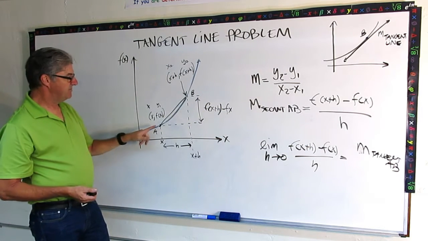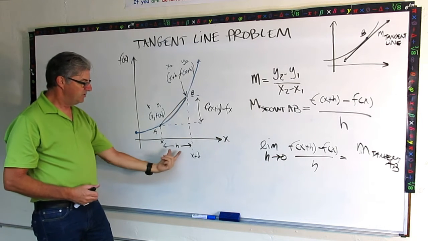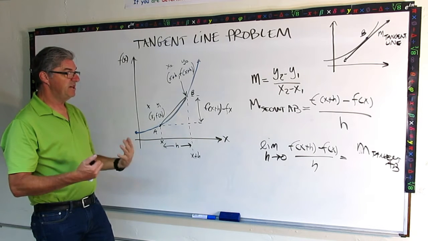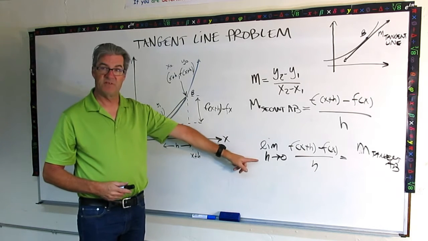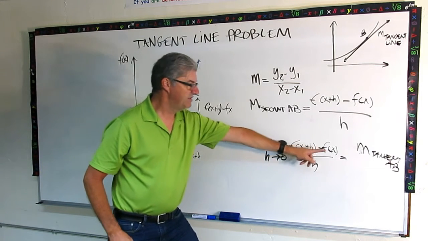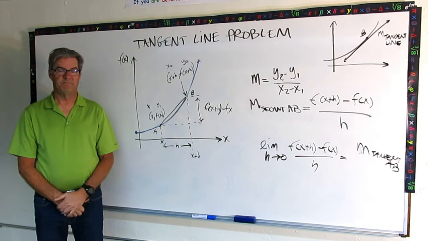Then what we did to approximate the slope of the tangent line is we moved our A closer and closer to B, which basically takes h closer and closer to 0. That gives us this limit notation for the slope: as h approaches 0 of f of x plus h minus f of x over h. That's the slope of our tangent line.